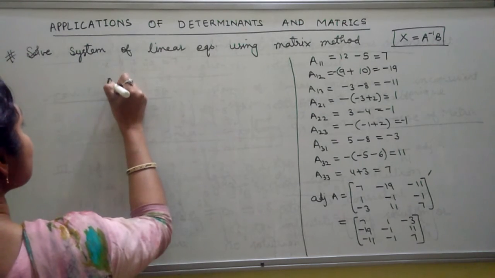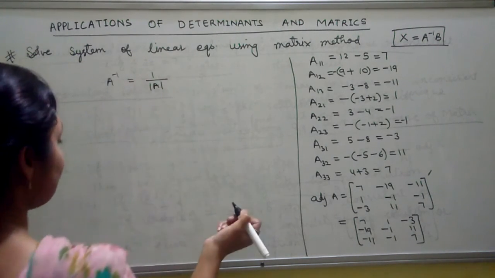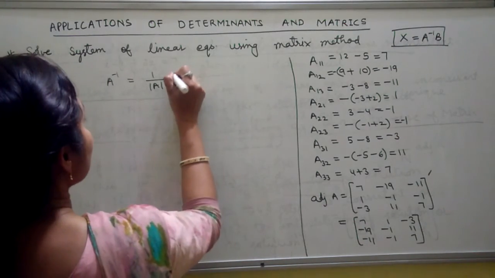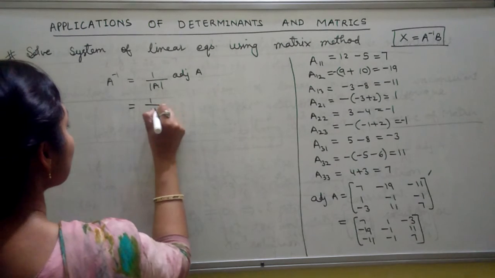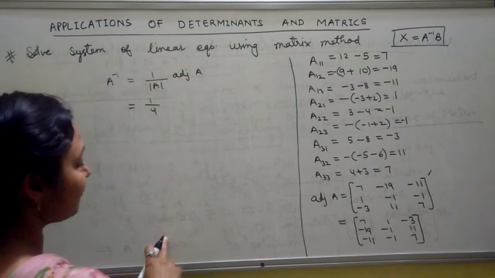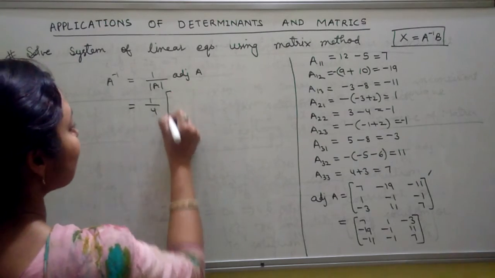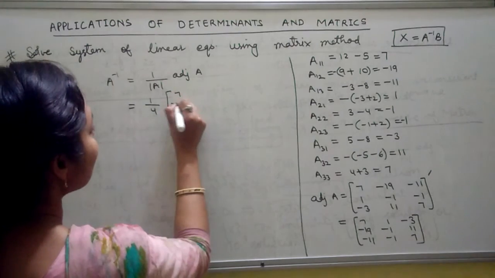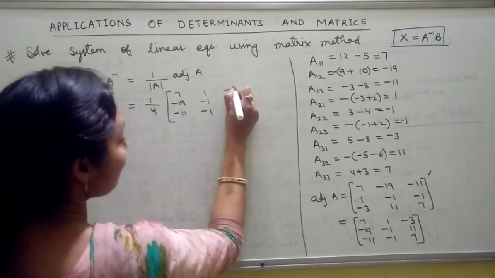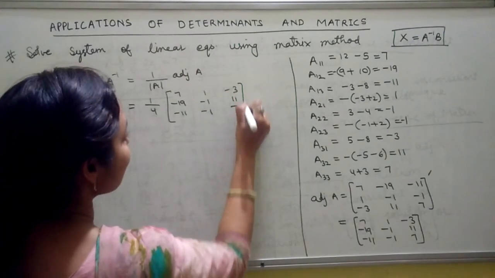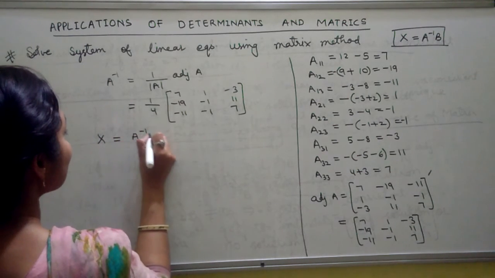A inverse is 1 upon determinant of A, multiplied by the adjoint of A. We have 1 upon 4, which we have already found out. Write the value of the adjoint: 7, minus 19, minus 11, 1, minus 1, minus 1, minus 3, 11 and 7. Close this. We have X equals A inverse B.